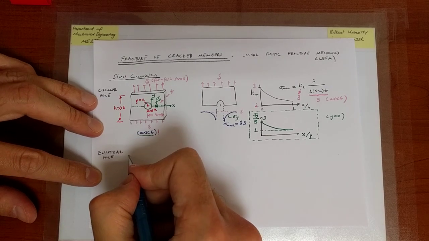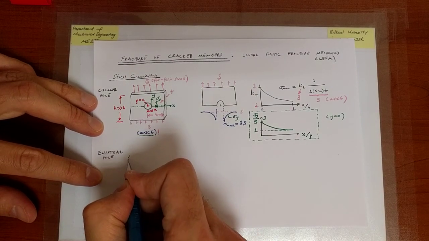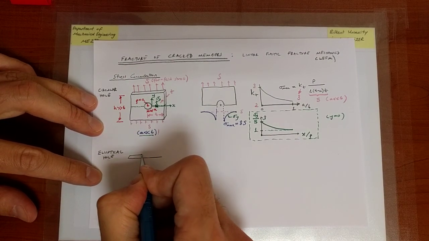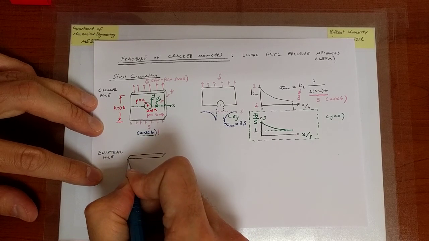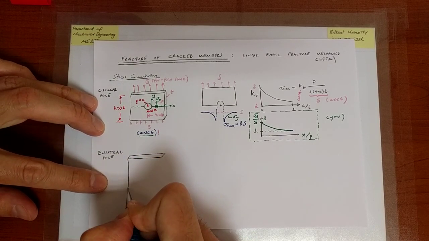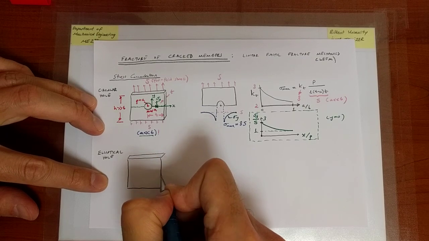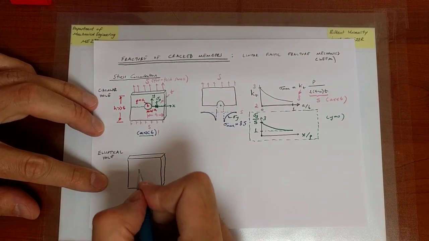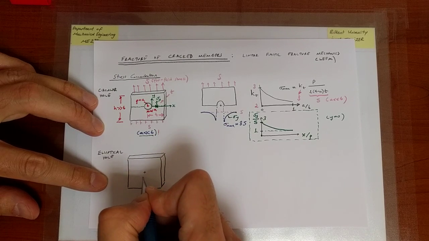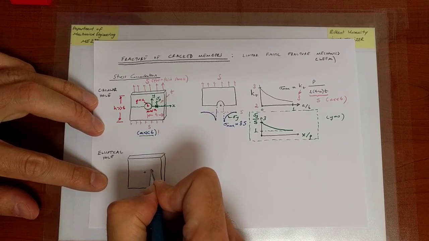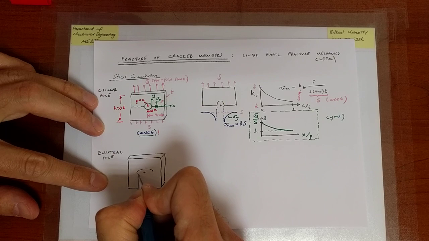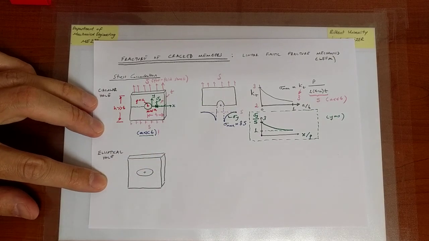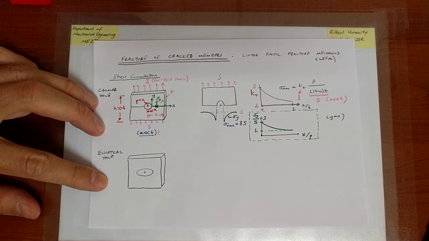So again we have a plate. And there's going to be a hole, but that hole now is not circular, but rather elliptical, let's say like this.